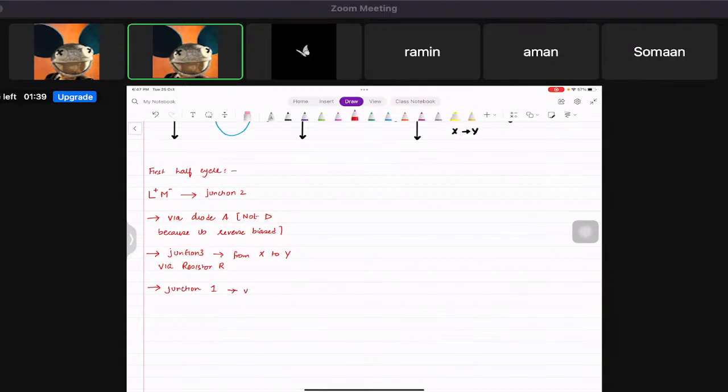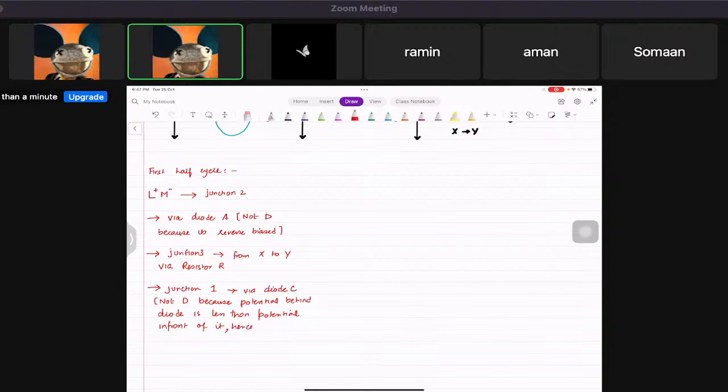and via diode C, not D, because the potential behind the diode is less than the potential in front of it.